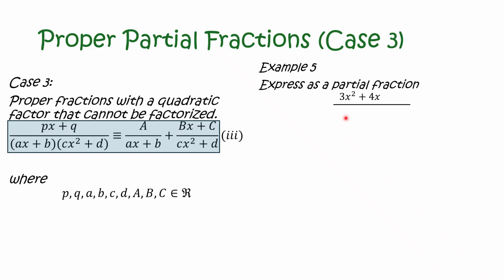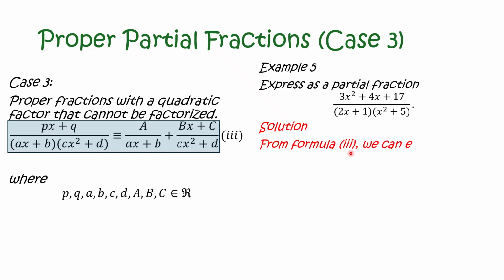Let's look at example 5. Express as a partial fraction (3x² + 4x + 17) all over (2x + 1)(x² + 5). The solution.